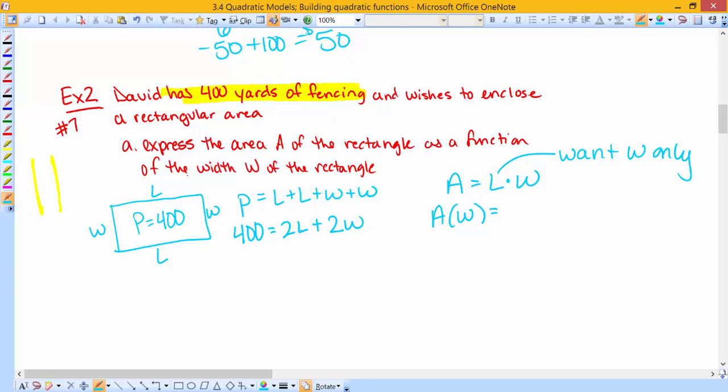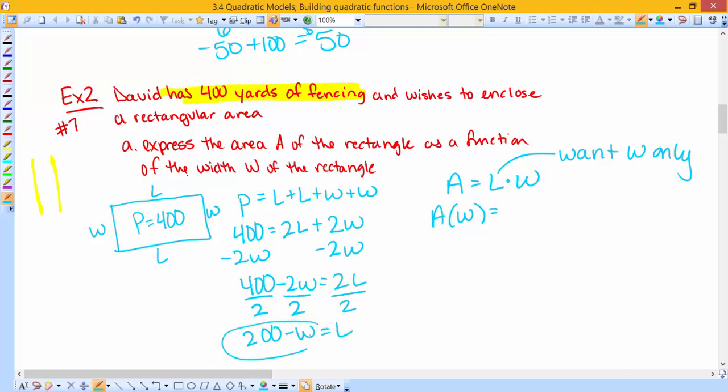I want to solve for L, so then I can substitute that in. So I'm going to subtract 2W. 400 minus 2W equals 2L. And then I'm going to divide everything by 2. So 200 minus W equals L. That's what I'm going to plug in for L over here.